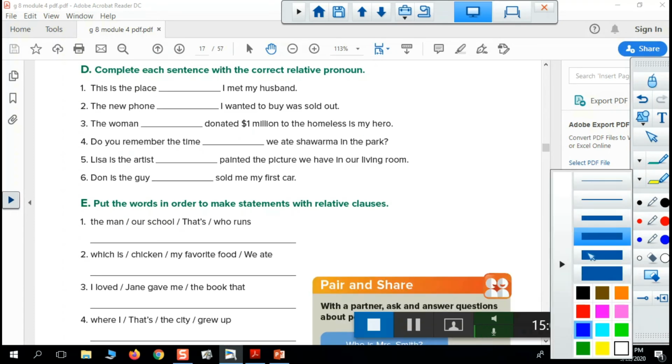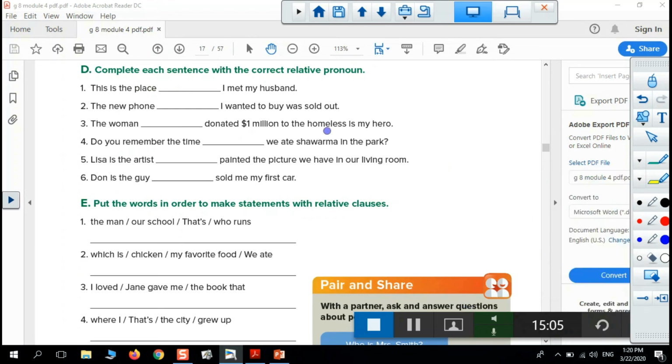Another task on relative clauses and relative pronouns. Complete each sentence with the correct relative pronoun. What are relative pronouns? Who, which, that, where, and when. How do we decide which relative pronoun? According to the use. If it's people, use who or that. If it's things, use which or that.